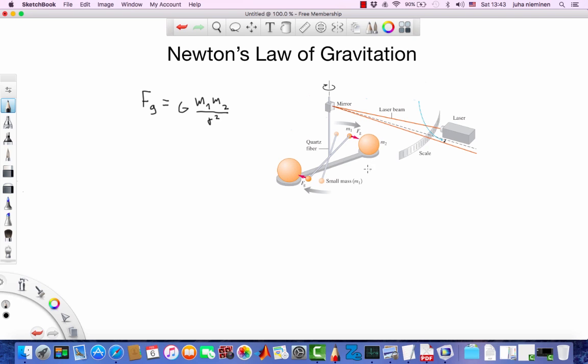So in short, he had heavy masses, the big balls, that were placed next to small masses, and they were hung from a quartz fiber. According to Newton's law, the big and small masses attract each other, which in turn makes the quartz fiber turn. And by measuring how much the fiber turned, he was able to deduce the amount of force.